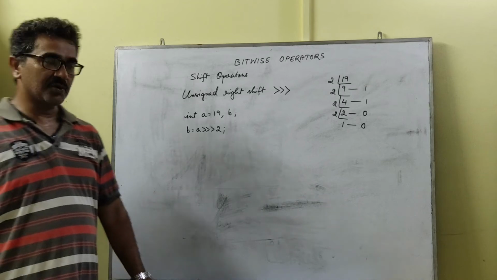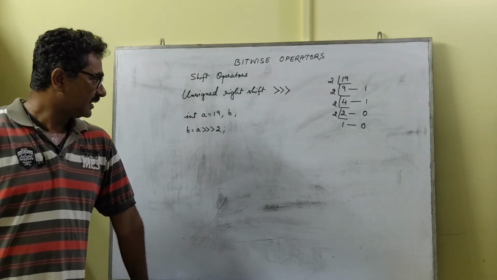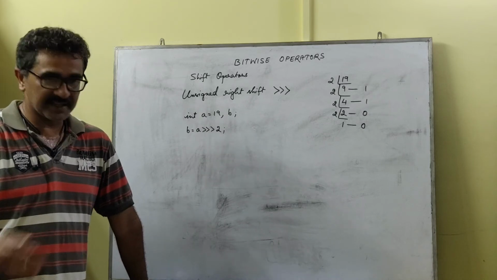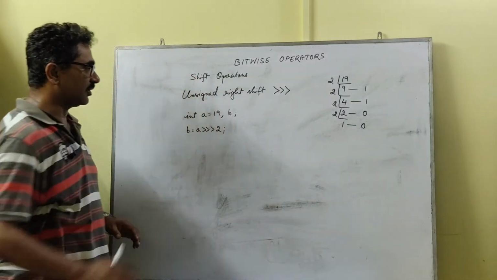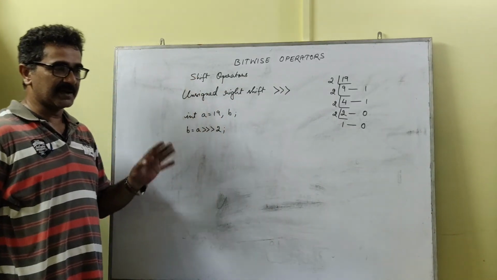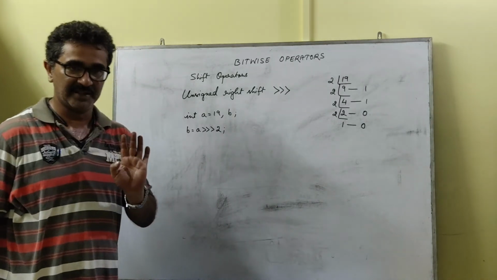Now we are going to go for the unsigned right shift, and this time I've taken the same number, that is 19. If you look at the name of this particular operator, unsigned right shift, that means the resultant is always without the sign. That means it is always positive.